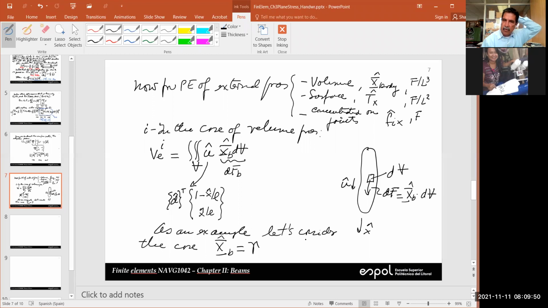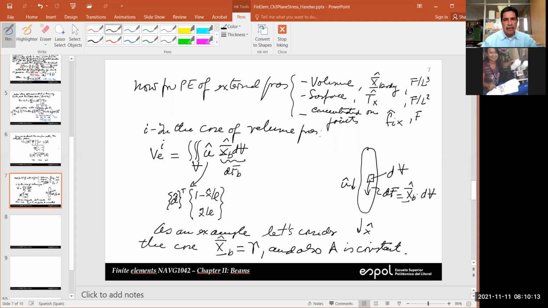That's the specific weight of the bar, or the material of the bar. And also, A, the sectional area, is constant. So we're working with a uniform bar, and let's see what we obtain.